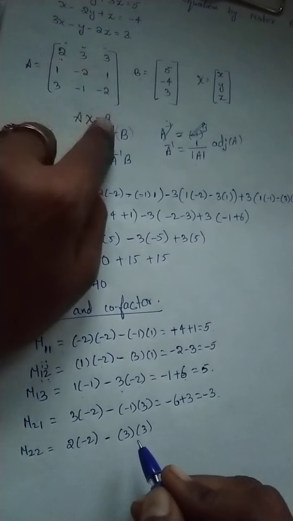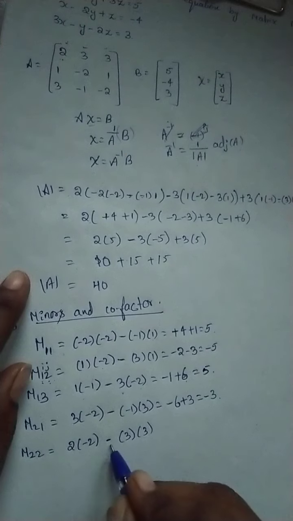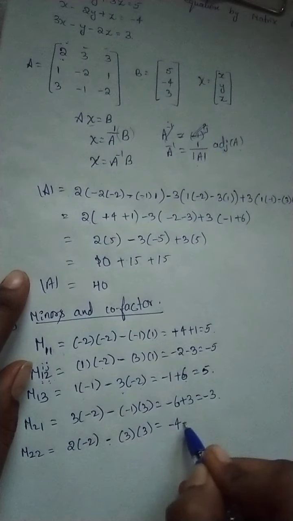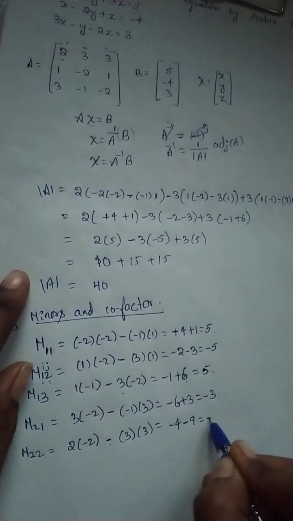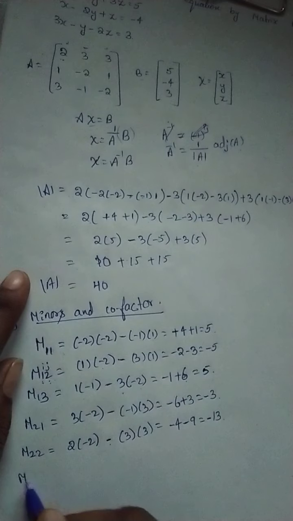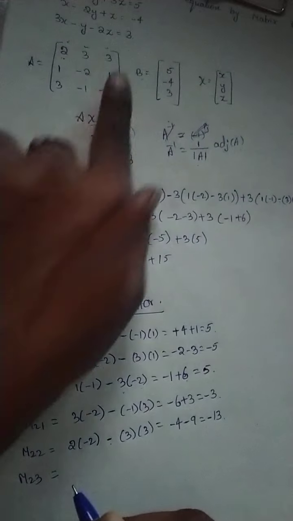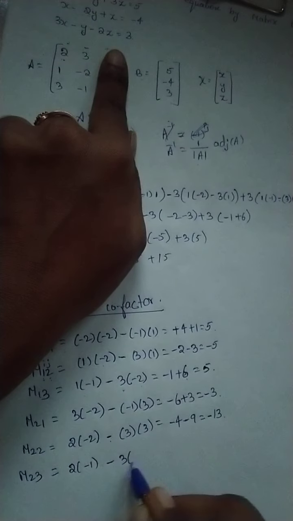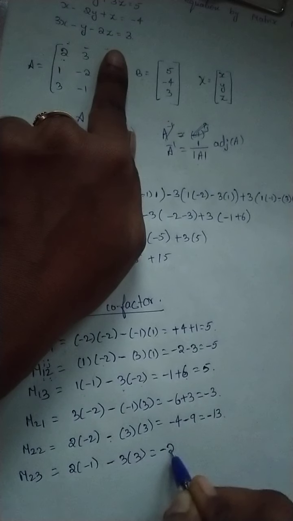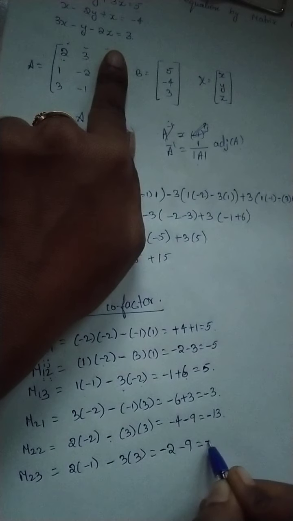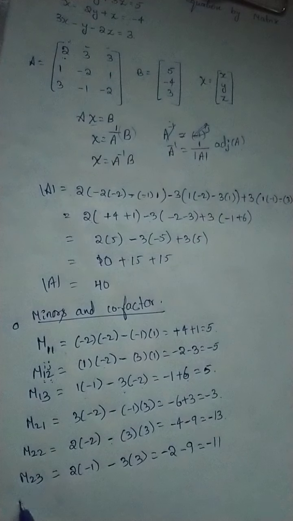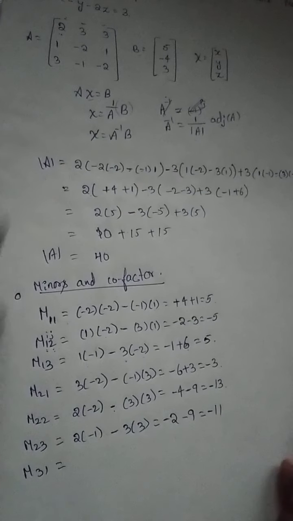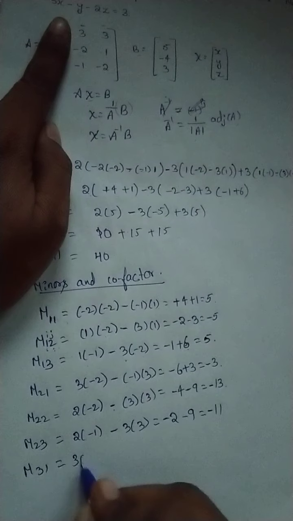Again, 2 into minus 2, 3 into 3, and the negative is our formula. So minus 4, 3 3 is minus 9, so our answer is minus 13. Again M23, so eliminate this one, so 2 into minus 1 minus 3 into 3, so minus 2 minus 9, minus 11.